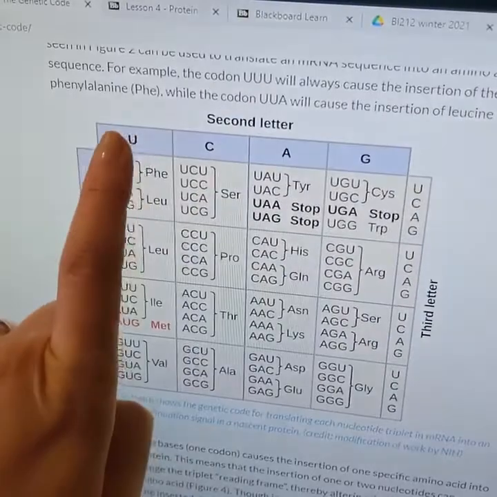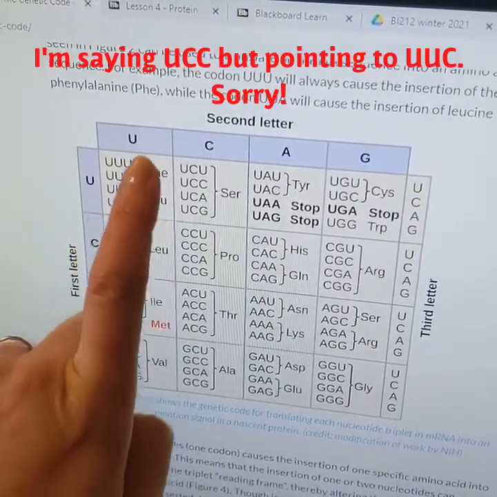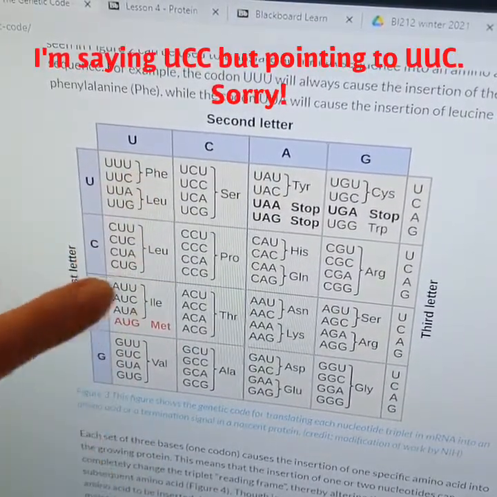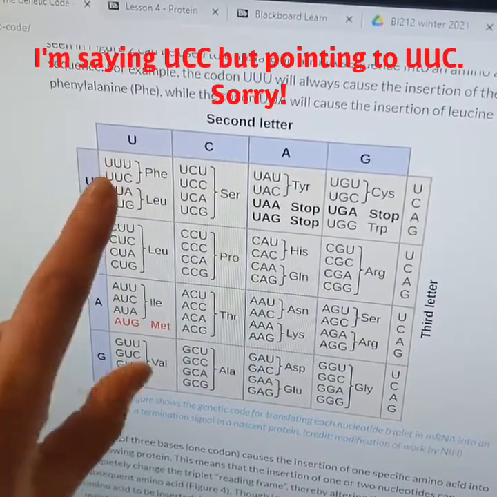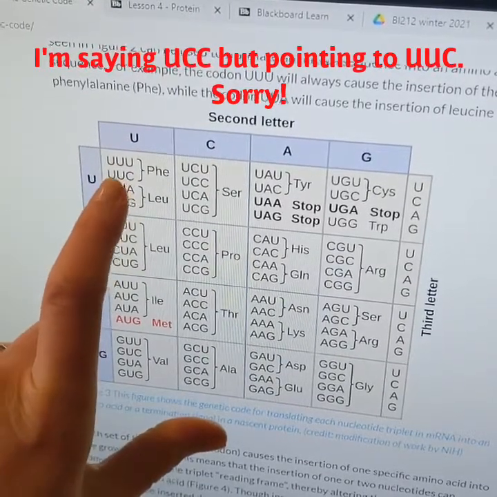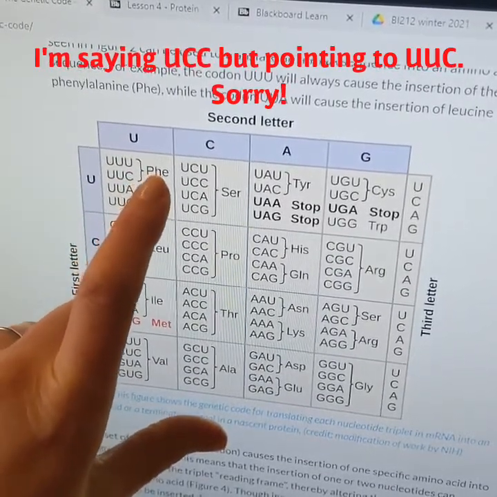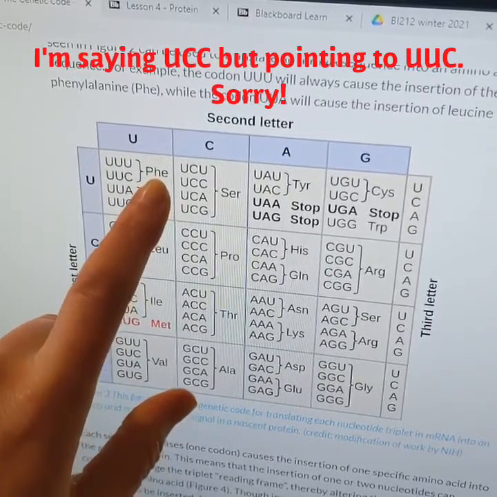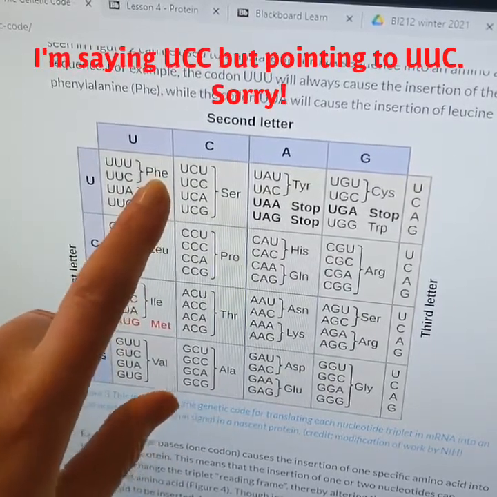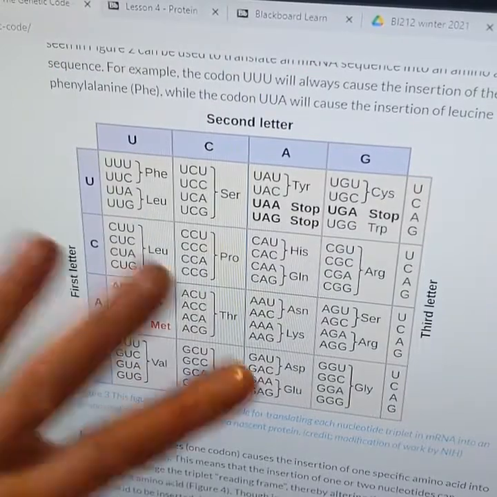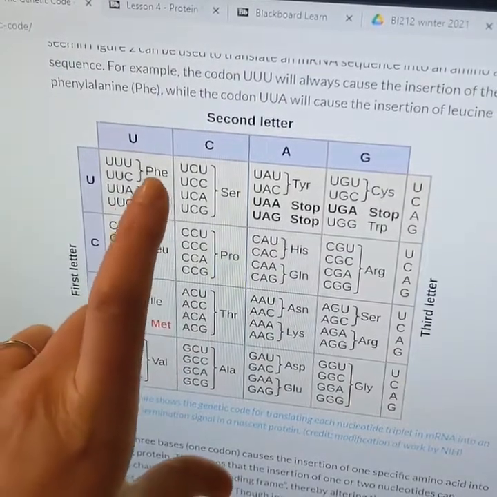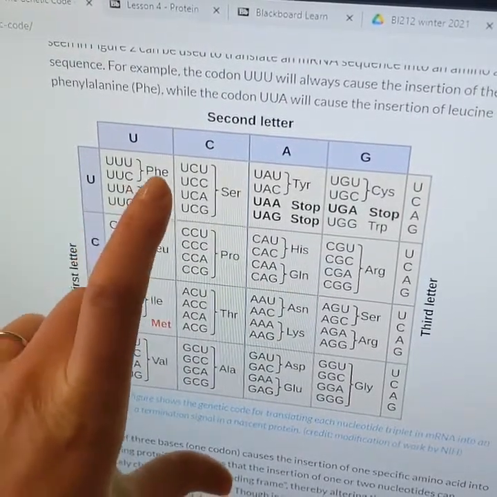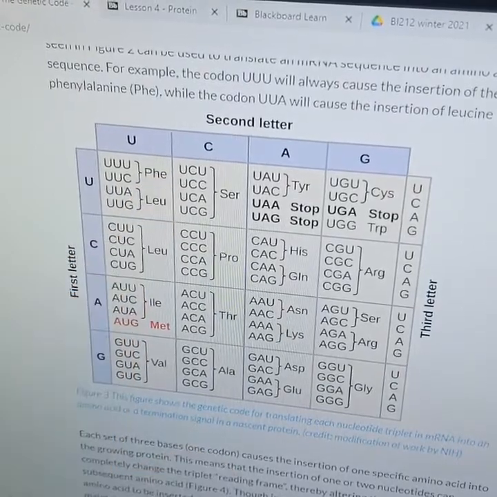Our second letter was U, so we're going to be in this box. And our last letter was C. So UCC as a codon is going to code for the amino acid PHE. There's 20 amino acids. They each have a fun name, and each one gets a 3-letter abbreviation. So this will be our first amino acid.